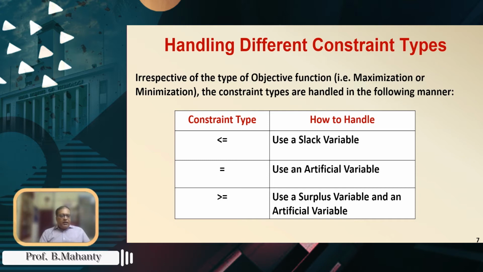Now, when we have a greater than equal to type of constraint, why do we need a surplus variable as well as an artificial variable? You see what is happening. When you have the LHS bigger than the RHS, you have to deduct something from the LHS, which we are calling a surplus variable.